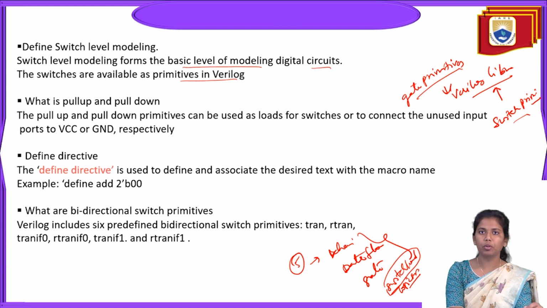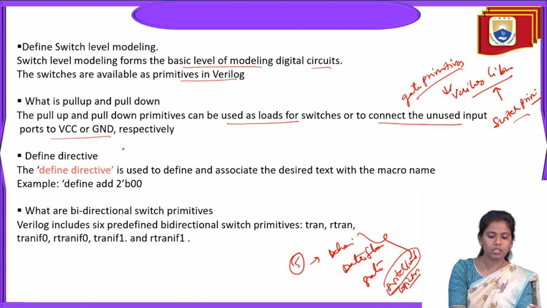The pull up and pull down are primitives. In order for a switch to function properly, we need to know whether the switch is acting as pull up or pull down. So what are pull up and pull down? Basically they can be used as loads for switches, or to connect the unused input ports to VCC or ground.